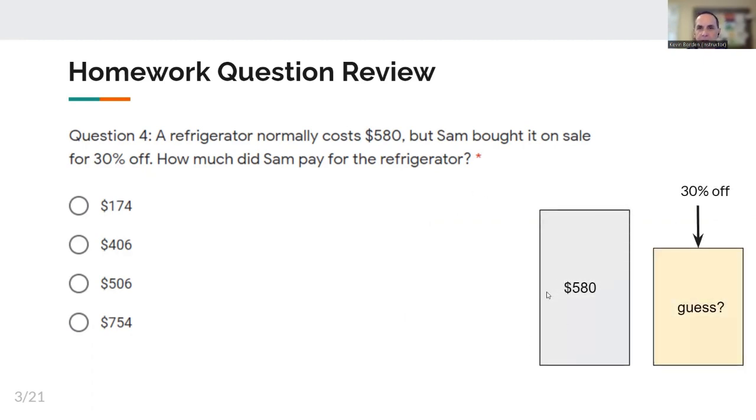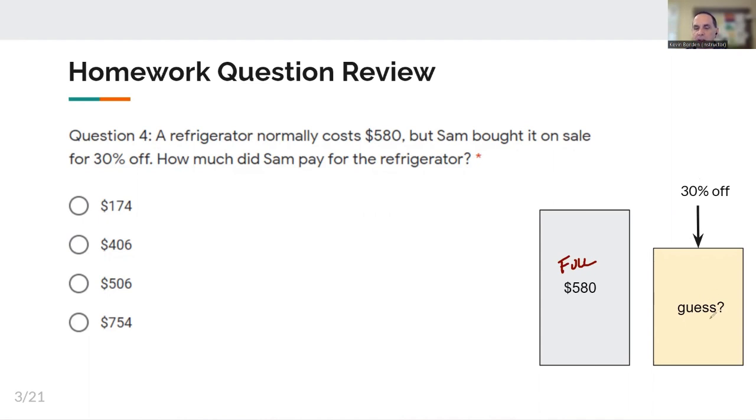So in the blue rectangle, I'm showing the full price. In the tan rectangle, I'm showing a smaller amount because Sam is definitely going to pay less if he's paying 30% off.